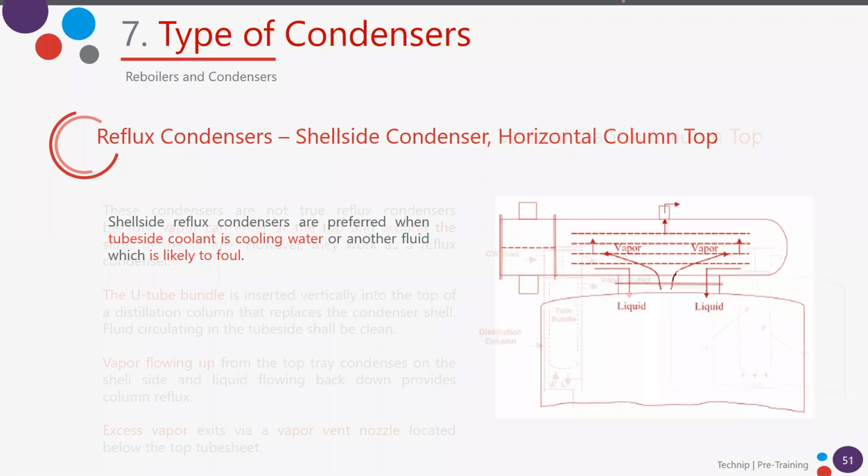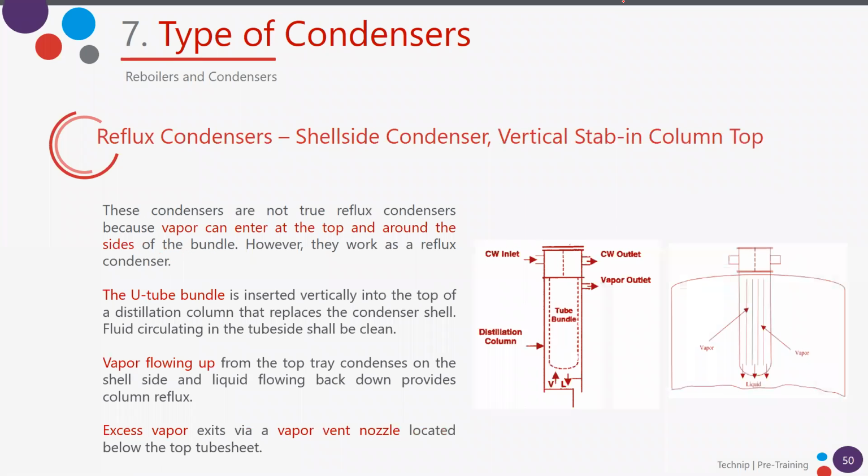Also, this one is less likely because usually the coolant is cooling water, and as I said, we do not like having cooling water with U-tubes. So it's only used when the heat exchange duty is very low.